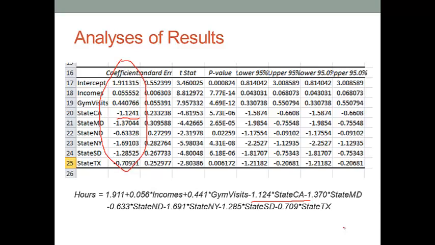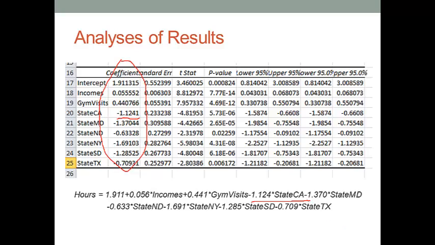You can do the same to compare if the customer is from Maryland or other states. But no matter what, as long as the customer is from Washington, you give 0 to all values in state CA, state MD, state ND, every state in the equation.